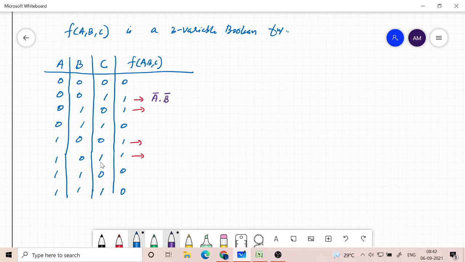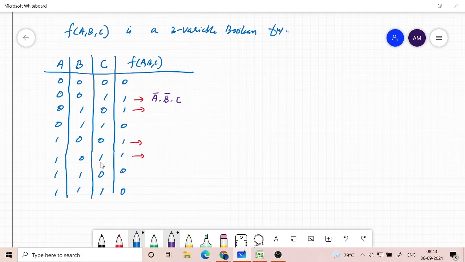I am insisting both should be satisfied: A bar should be 1, B bar should be 1, and C should be 1, because the value of C is 1 for this particular case. This way I can insist that all these three requirements, A equal to 0, B equal to 0 and C equal to 1, are satisfied if A bar dot B bar dot C is equal to 1.